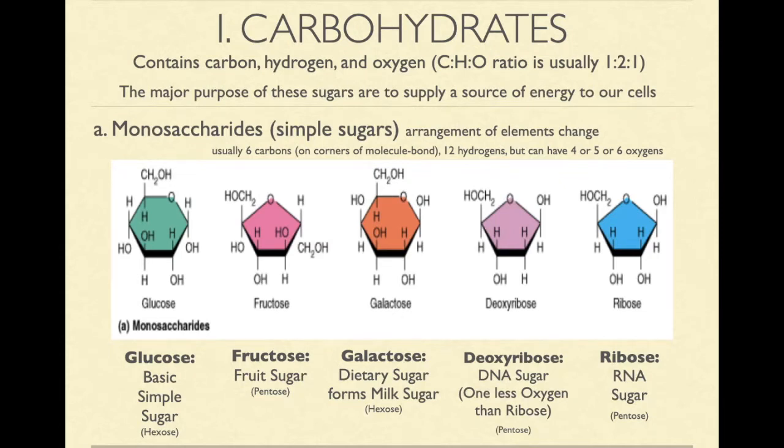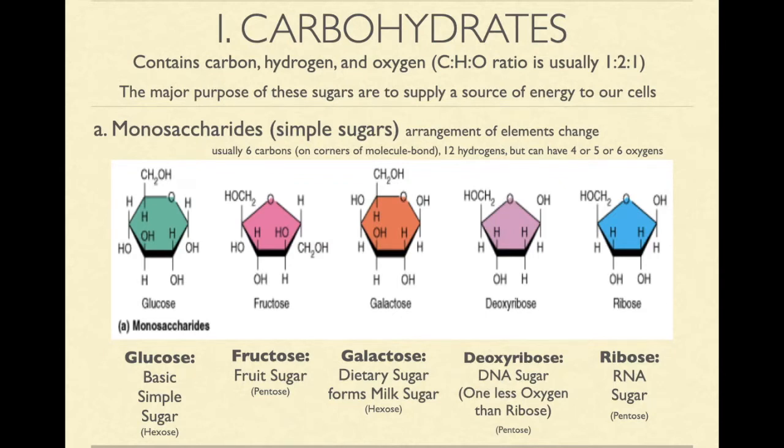So you can go through and kind of count the O's on some of these. If you look at glucose, you're going to have 6 oxygens. But if you go down to ribose, it's going to have 5 oxygens. But deoxyribose, if you count, only has 4 oxygens, because deoxy meaning less oxygen than ribose.